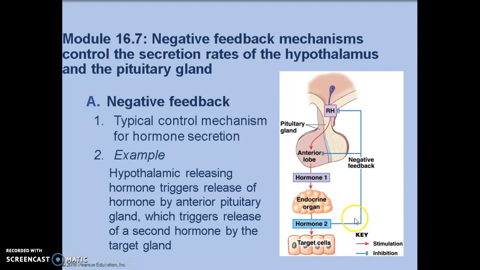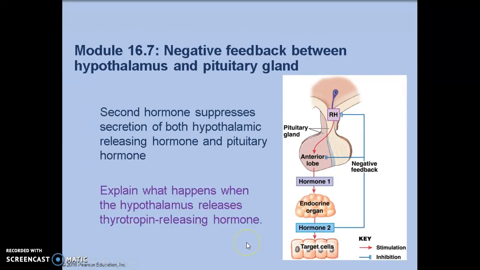That second hormone is going to feed back into the blood and will affect both the anterior lobe and hypothalamus in terms of regulating by negative feedback. The second hormone suppresses both the hypothalamic releasing hormone and the pituitary hormone.